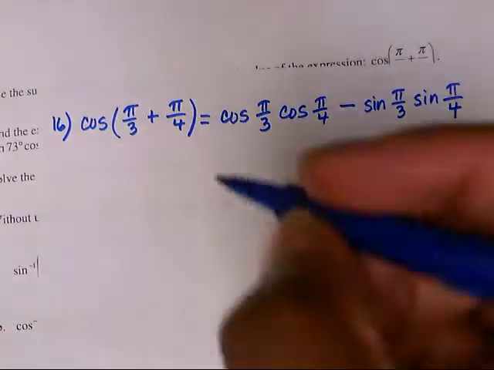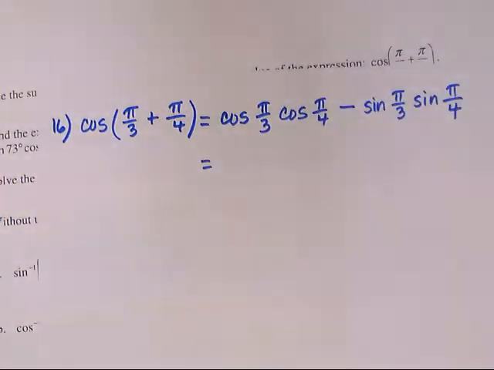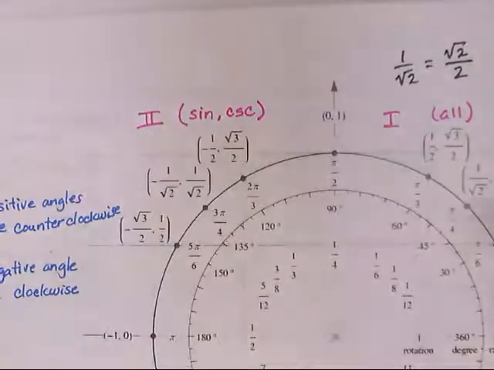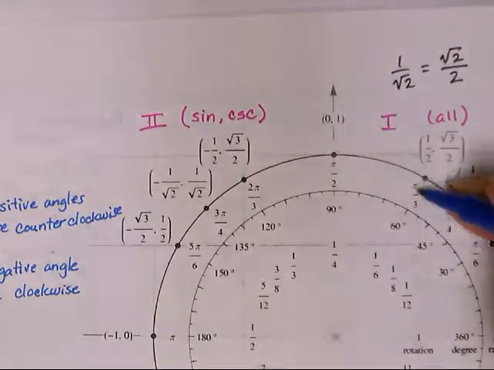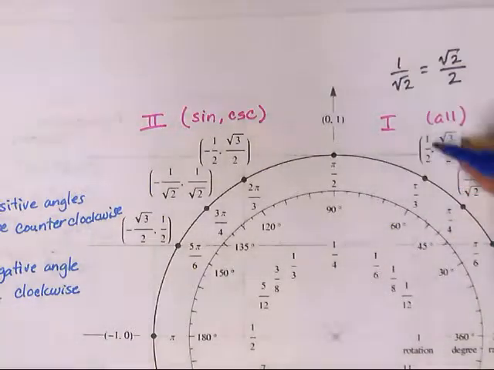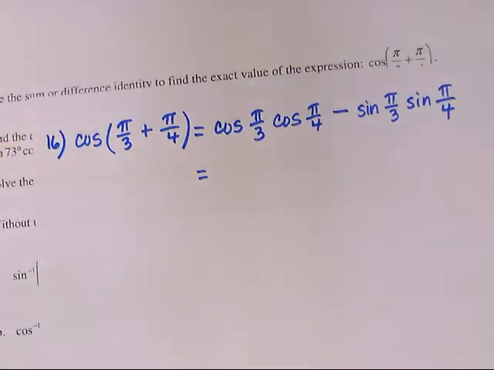And then from here, we'll just go ahead and evaluate those angles. For the cosine of pi over 3, and again, you can use a unit circle if you like. Let's see, pi over 3 is right here. The cosine is this x coordinate, 1/2.